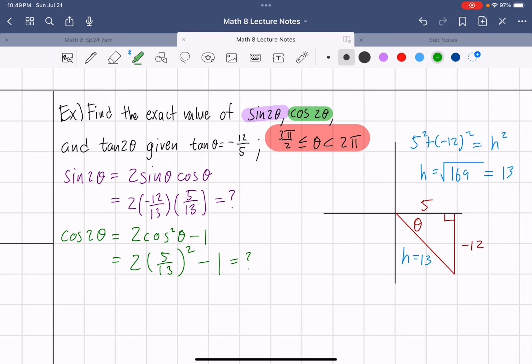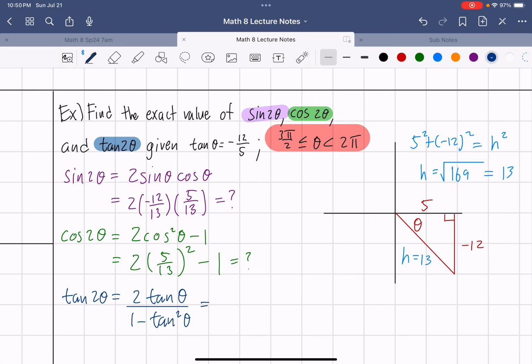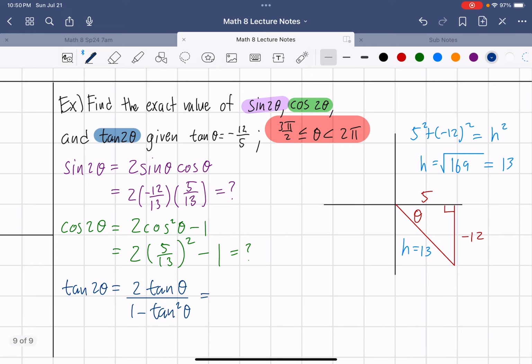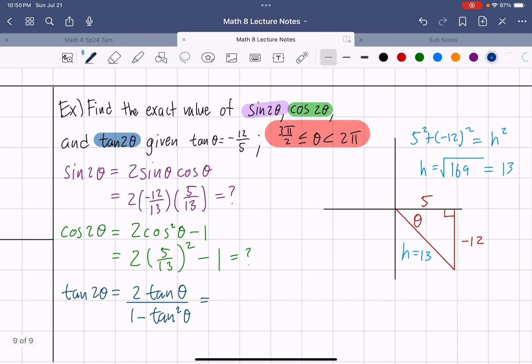And then we have, last but not least, tangent 2 theta. Which we know is 2 tangent theta all over 1 minus tangent squared. Now luckily, tangent was given at the beginning, so I didn't need the triangle for tangent.